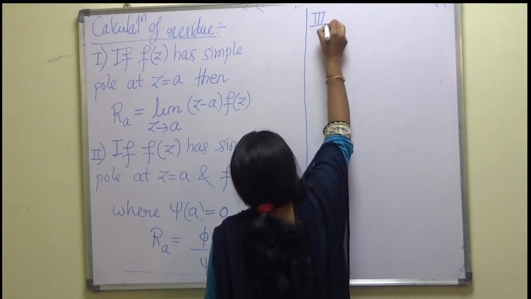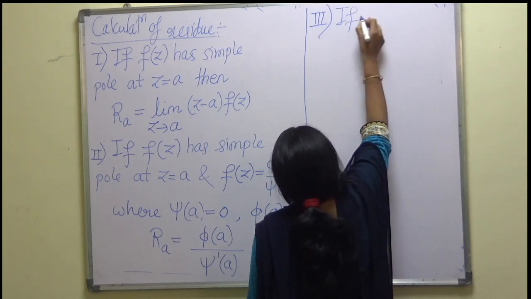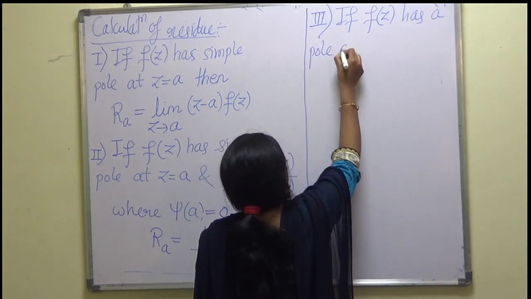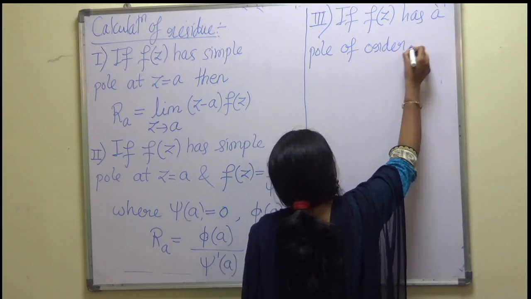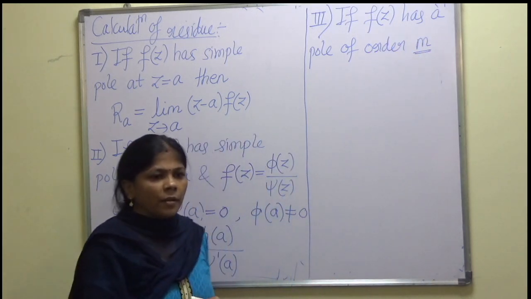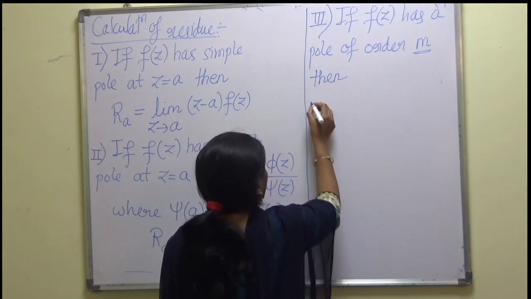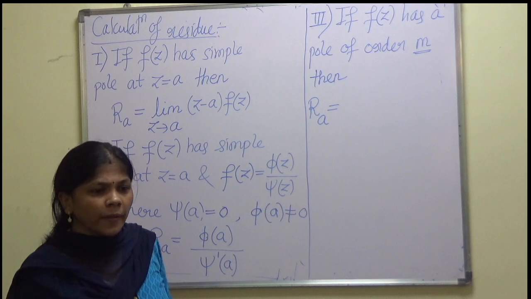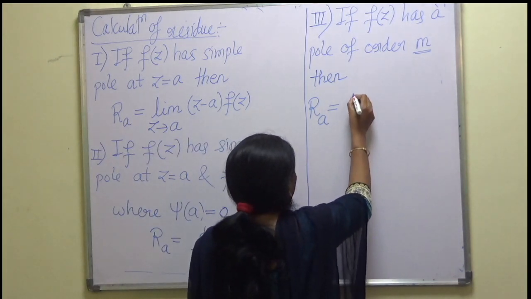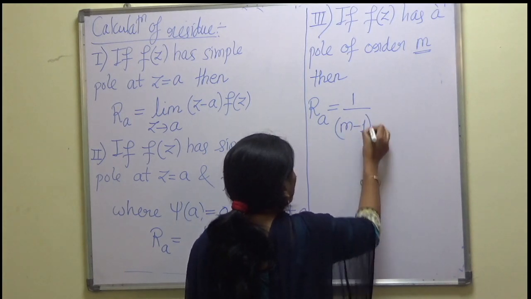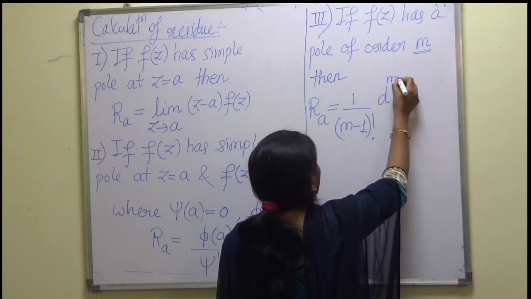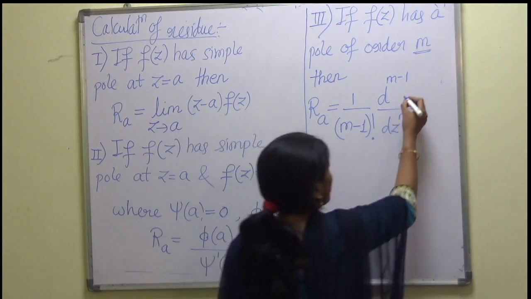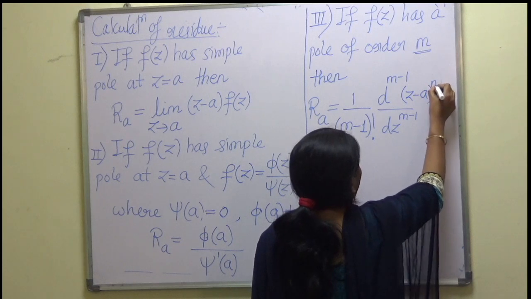Let us have the next formula, that is, if f of z has a pole of order m, then the residue at z equal to a is given by 1 upon (m minus 1) factorial, then the (m minus 1)th derivative of (z minus a) raised to m into f of z.